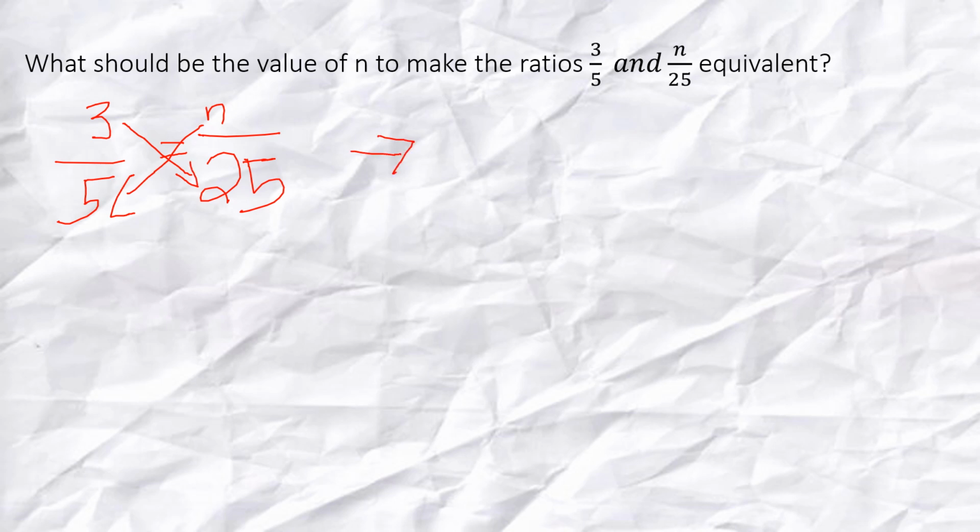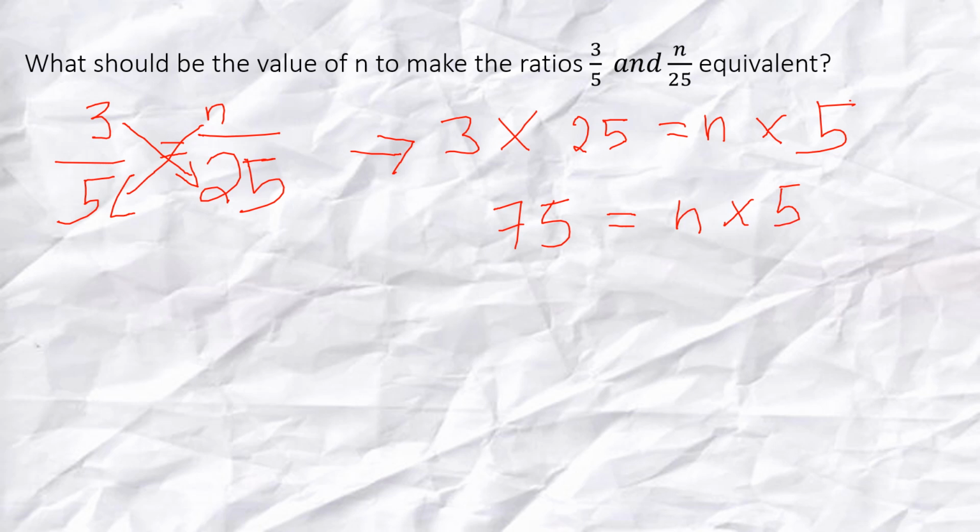So we have here 3 times 25 equals n times 5. Next, 3 times 25, that is 75, equals n times 5.